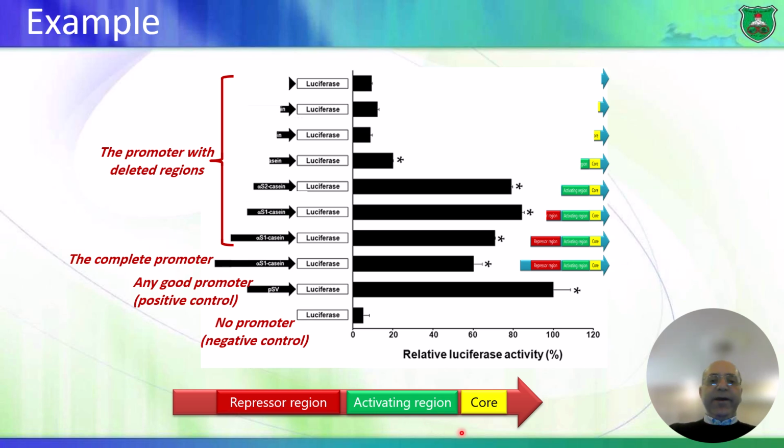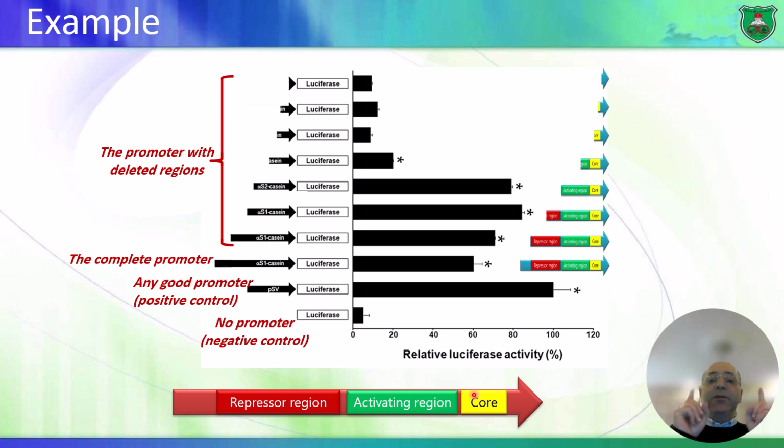We have the luciferase gene under control of a promoter of interest, and I don't know what the different sequences represent. Here we have a repressor region, here an activating region, and here the core promoter sequence. I don't know the positions of these sequences, and that's what I want to study.